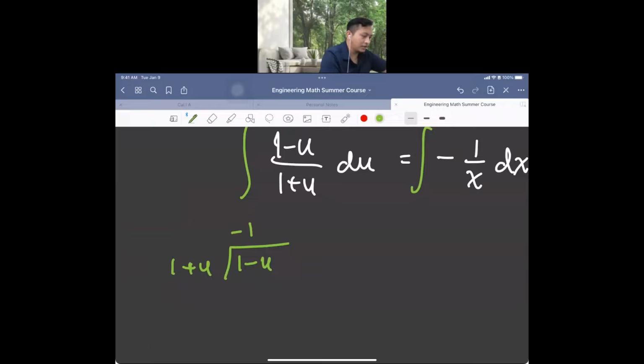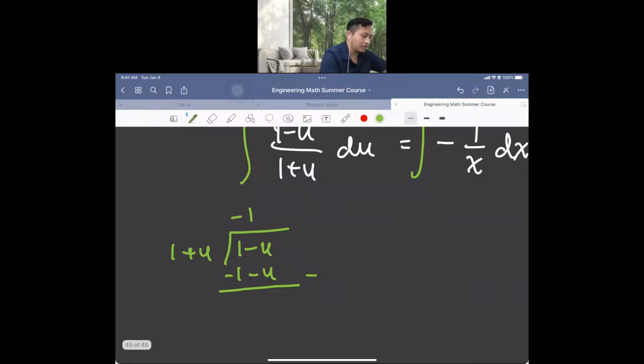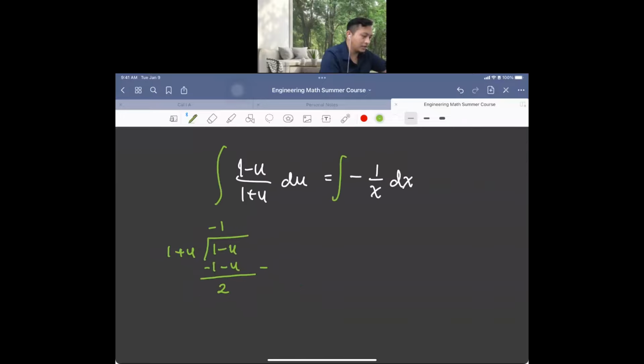So this will become negative u, -1, negative u. So I will cancel the u, and this will have 2, right? So let's take this in our integrations of -1 plus 2 over 1 plus u du. Okay, this is how you've done it.